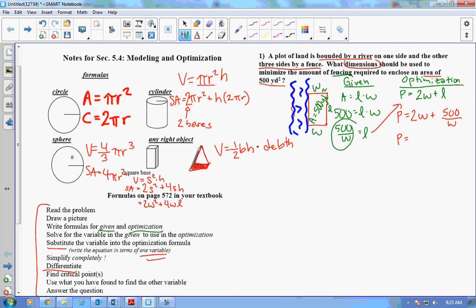And differentiate. So let's find P. Well, actually, since I see a fraction, I'm going to move that W up so it's easier, because I don't want to do quotient rule. You can, but I don't want to do it. So this would be W to the what power? -1. Now let's take the derivative. P prime equals, what do we get?